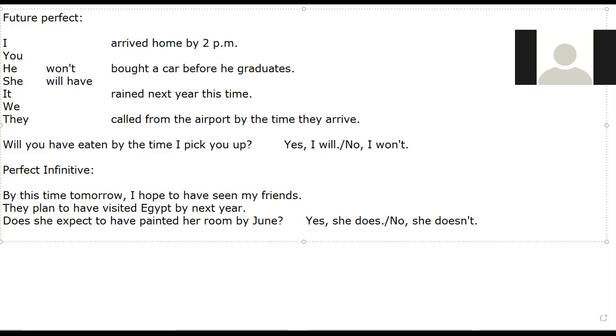Yes, she does. No, she doesn't. All right. So that is the perfect infinitive. Si te fijas, las dos estructuras están hablando de la misma cosa, están hablando del futuro. Okay? Expect to have painted her room by June. Yeah, by June. Yes? Okay.